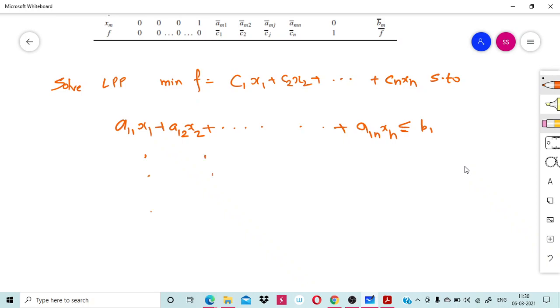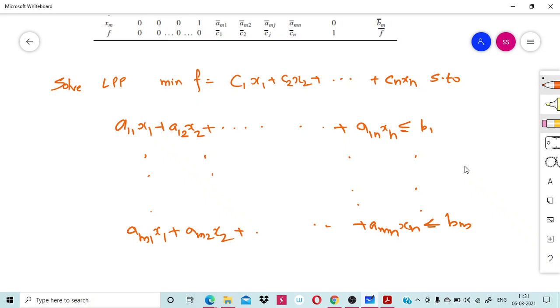And in the standard form, we have a21 x1 plus a22 x2 plus etc., up to am1 x1 plus am2 x2 plus etc. plus amn xn less than or equal to bm.